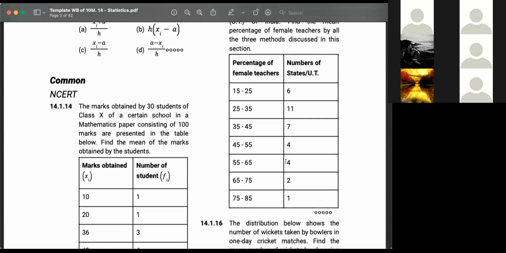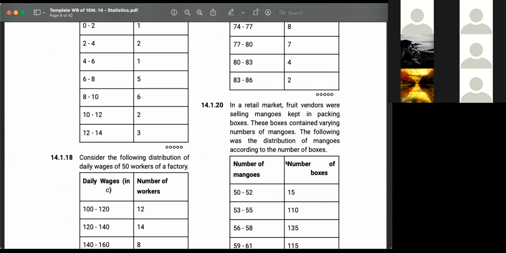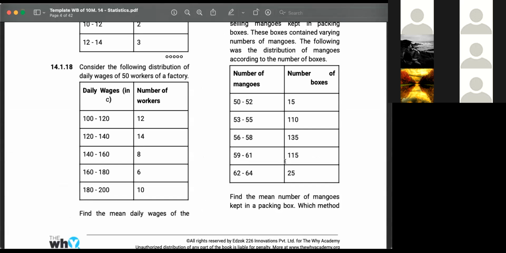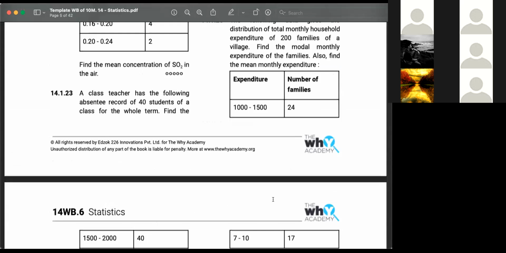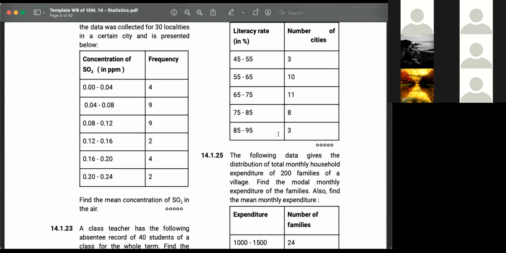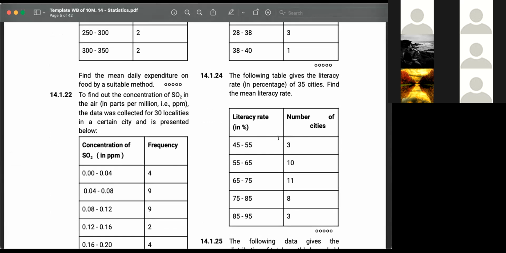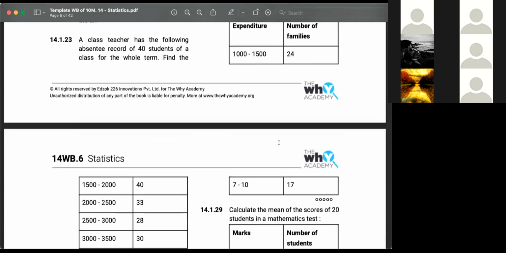Mean step deviation. Mean is what's been going on the whole time. Okay. 25, but the table is split. It's not very difficult.